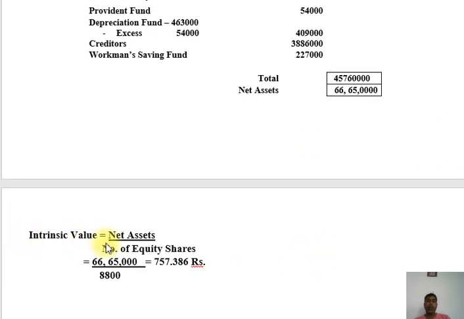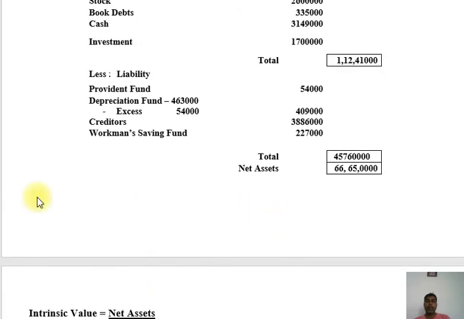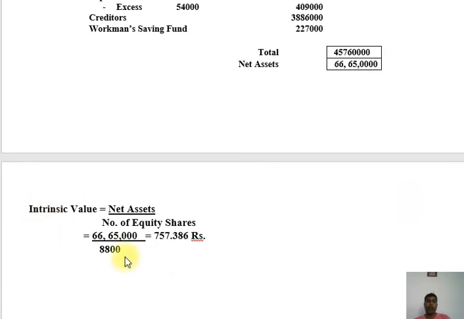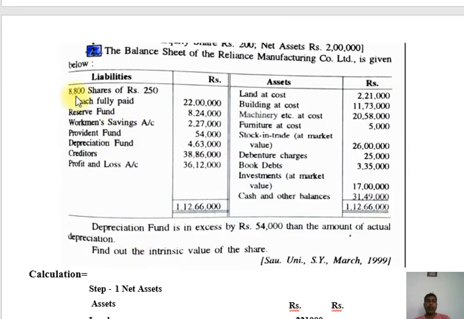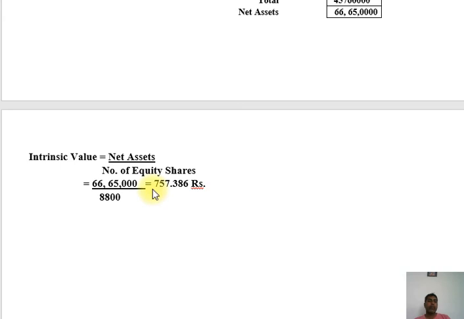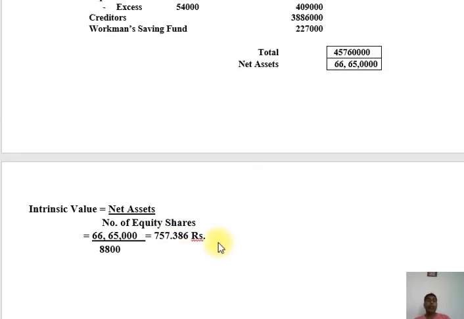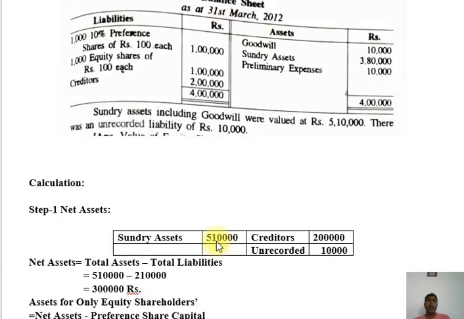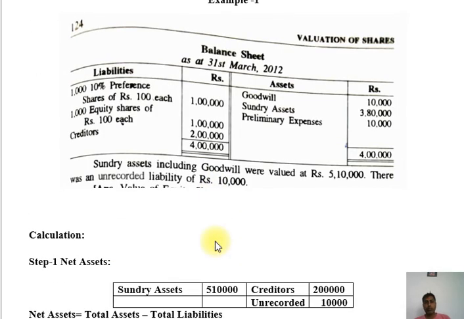Now intrinsic value is net assets upon number of equity shares. Our net assets is 66 lakh 65,000, and the number of equity shares is 8,800. So the value of the share is 757.30 rupees, approximately.